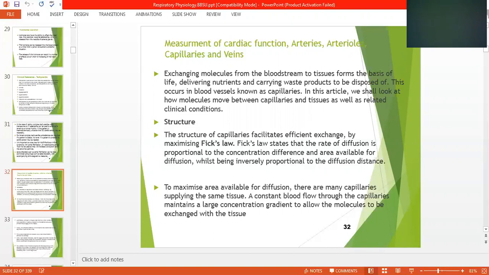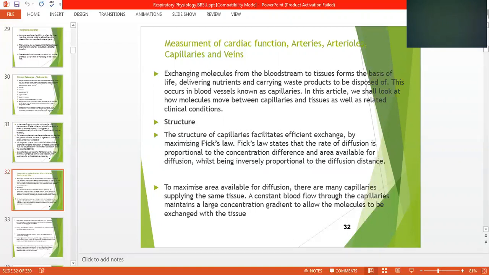And if in the tissue the deoxygenated blood after use has a higher concentration, then the blood will flow from the tissue to the venules. So this is the concentration difference which makes it diffusible from capillary or venules to tissue, or tissue to capillary or venules.